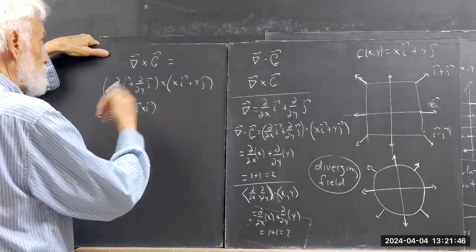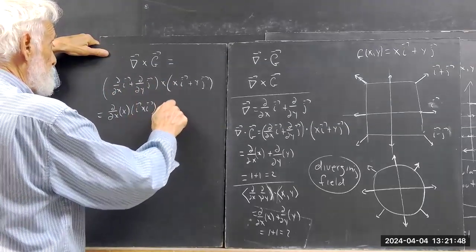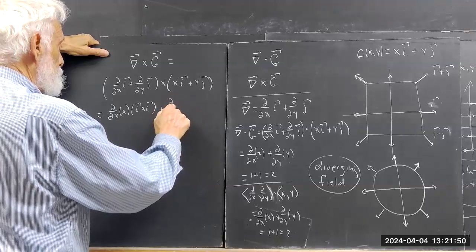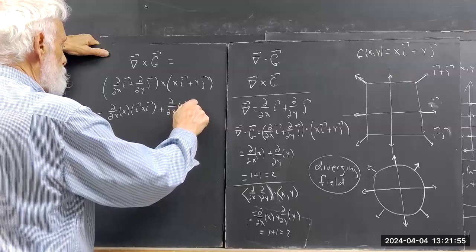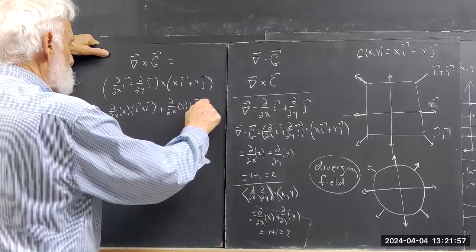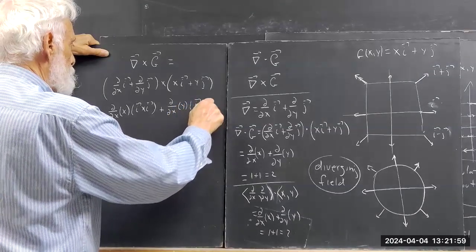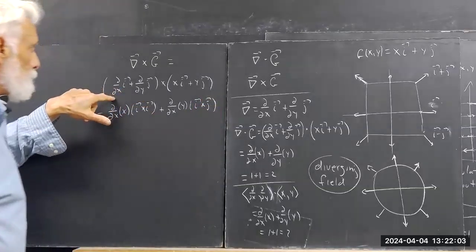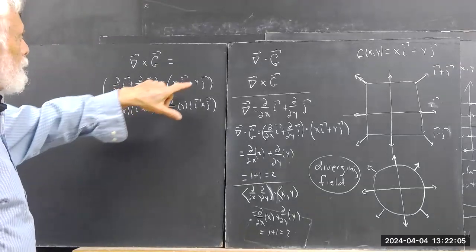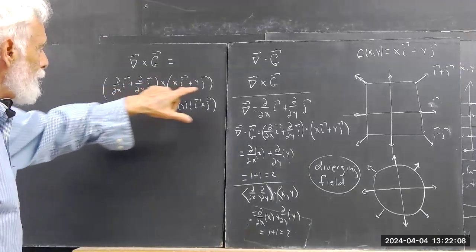Of course, i cross i is 0. Then it's partial with respect to x of y times i cross j.